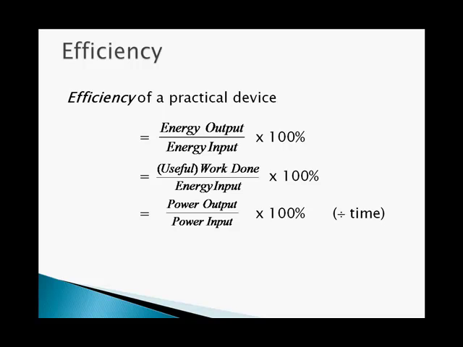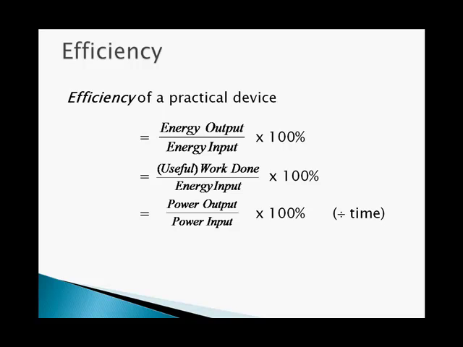Teacher, I don't understand. How is power related to work done? Oh, okay. We have not yet covered the definition of power until section 7 of this topic, whereby we will define power as the rate at which work is done or the rate at which energy is transferred.